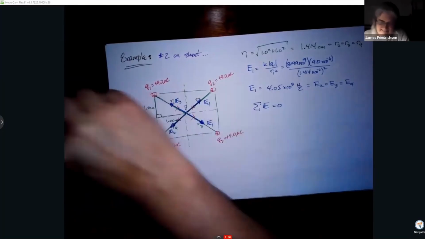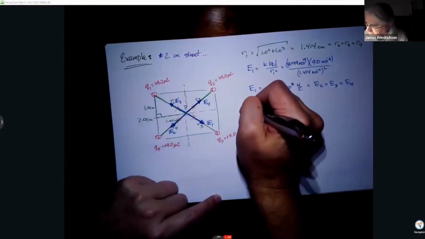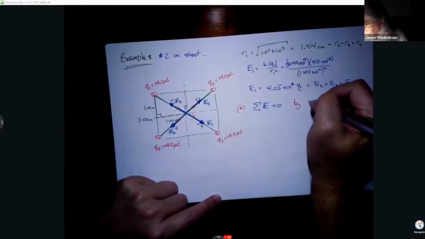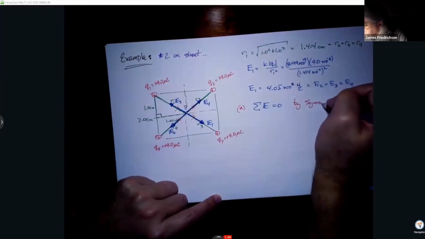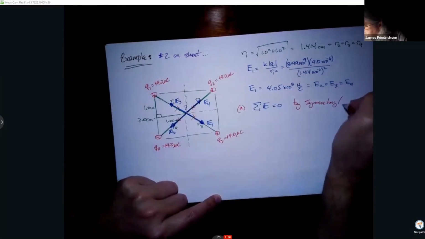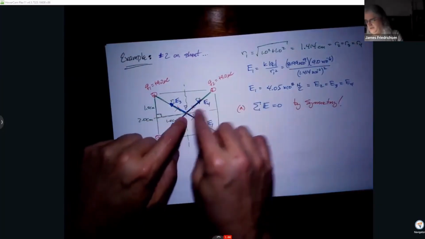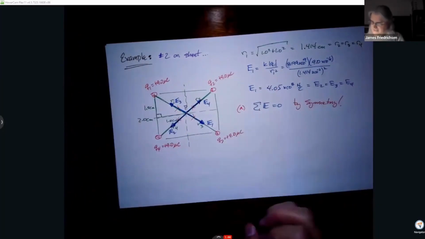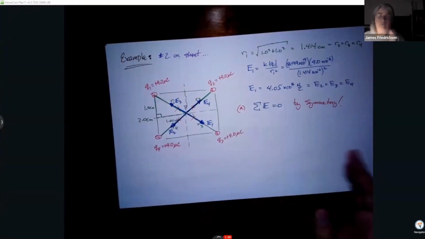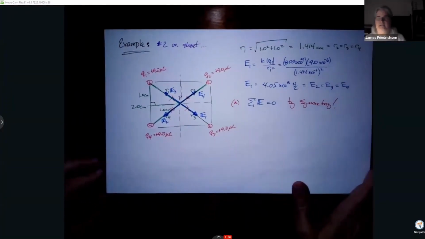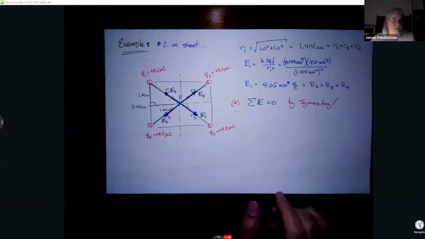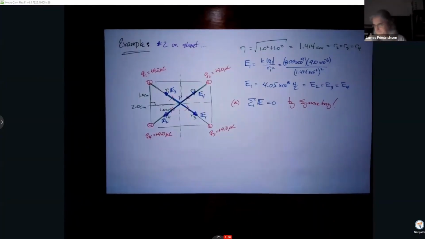It's that way by symmetry. It was kind of nice we didn't need to find x and y components, put all the x's together, put all the y's together. You'd still get 0 if you didn't see that it was going to cancel by pairs.